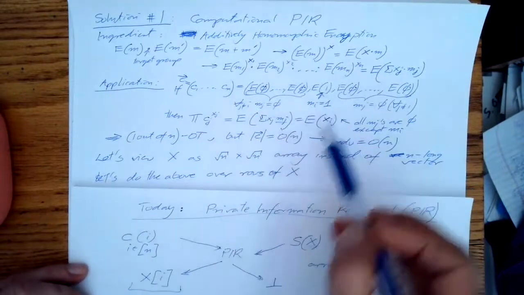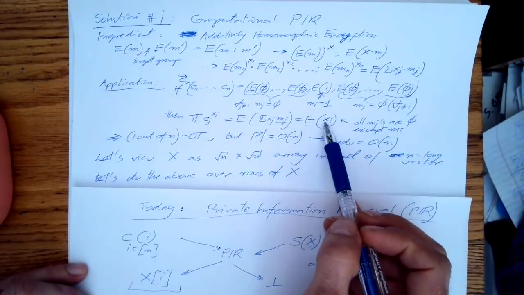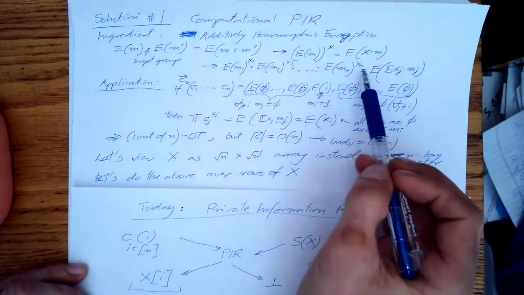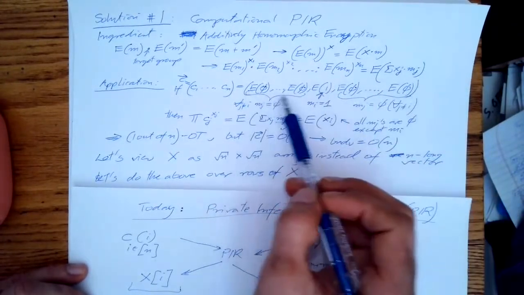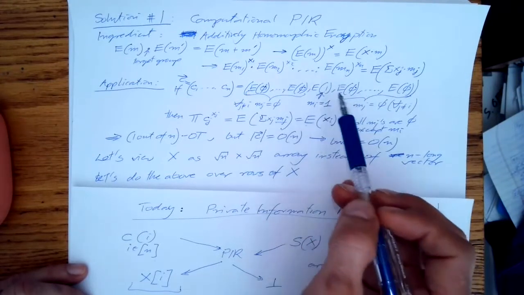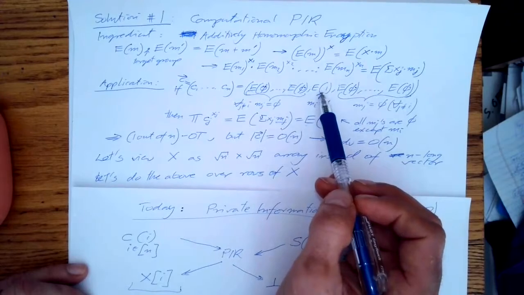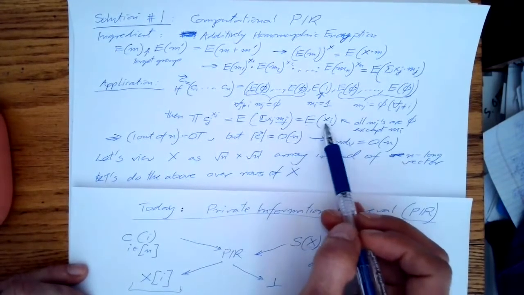And what would you get as a result? You would have the ith row. Because if these x_i's are rows, and the only plaintext that is not 0 is the one at the position of the ith row that the client wants to retrieve, then what he gets is the encryption of the ith row.